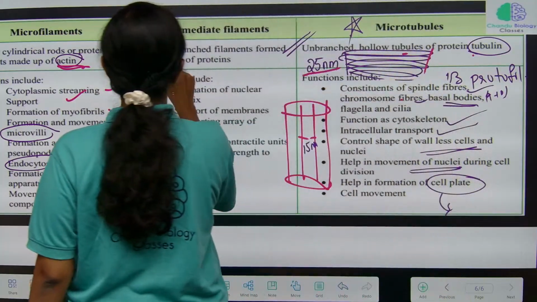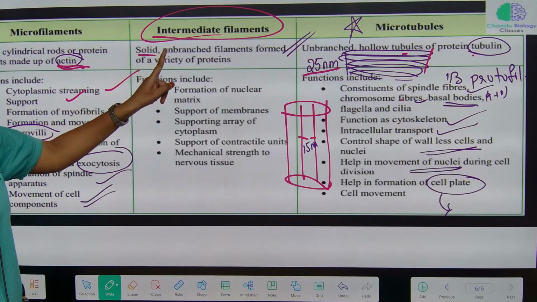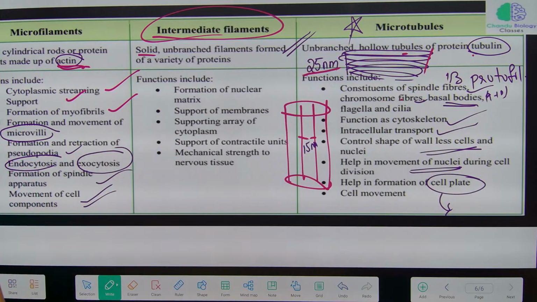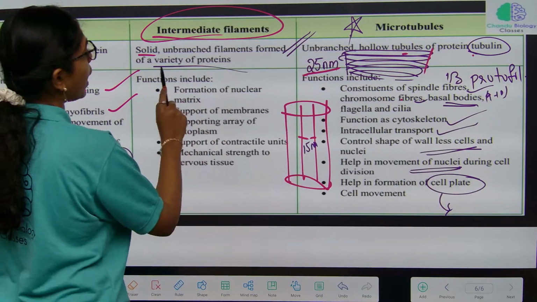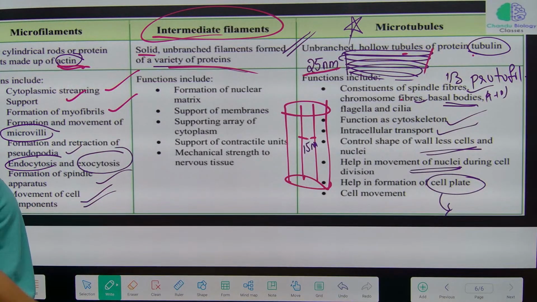And then intermediary filaments. How can you describe intermediary filaments? They are solid unbranched filaments formed of a variety of proteins. What are the major functions of intermediary filaments?